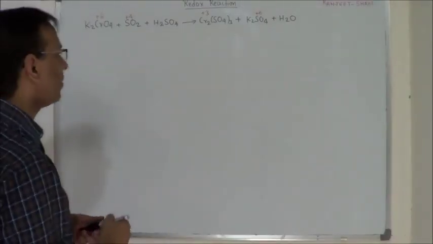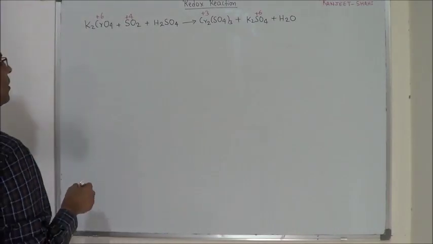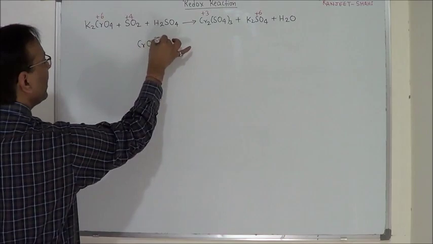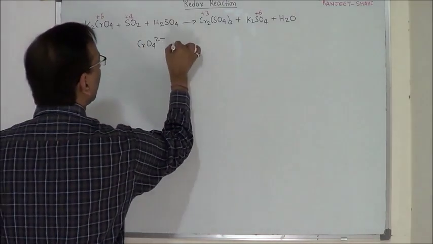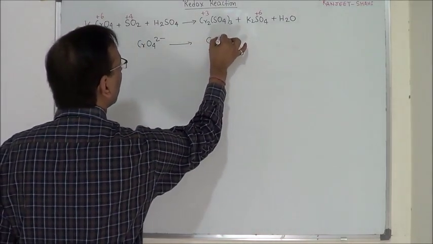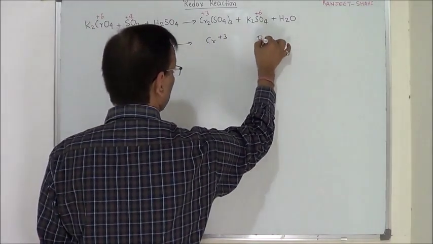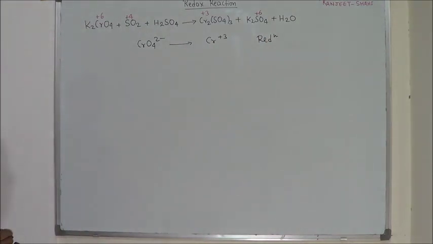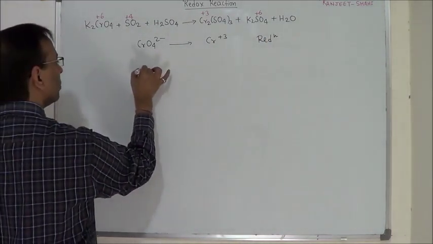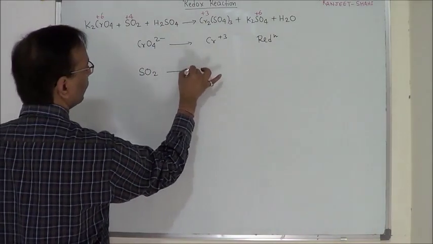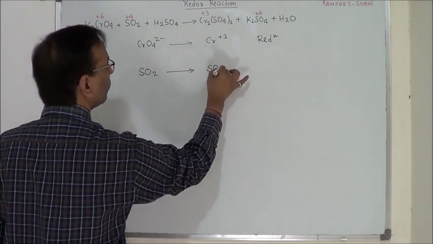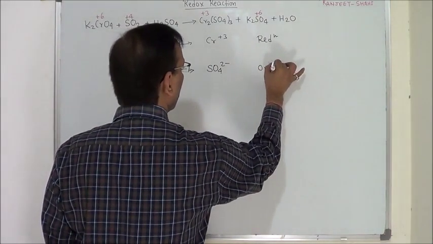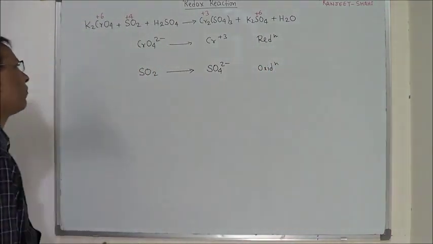So if we split this into two half reactions, what we obtain, chromate ion giving Cr+3, reduction half reaction, SO2 giving SO4 2 minus, oxidation half reaction.